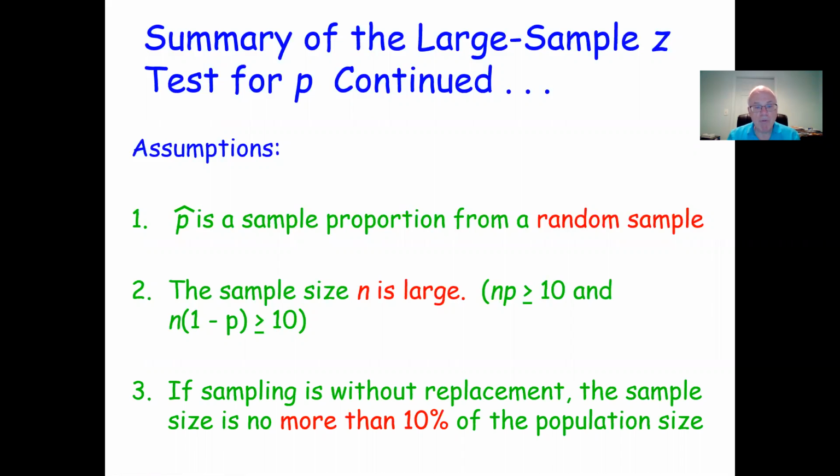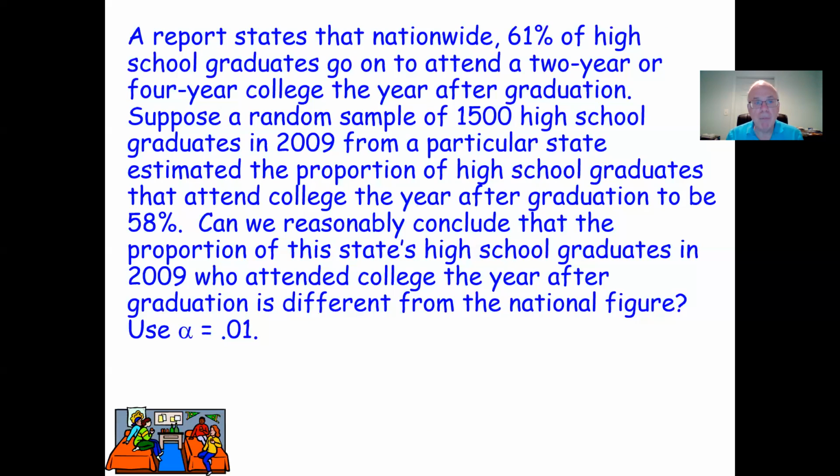Of course, we also have to make sure that if we are sampling without replacement, which we will do most of the time when we do surveys, the sample size cannot be more than 10% of the population size. And in most practical applications, it's always much smaller than 10% of the population size.